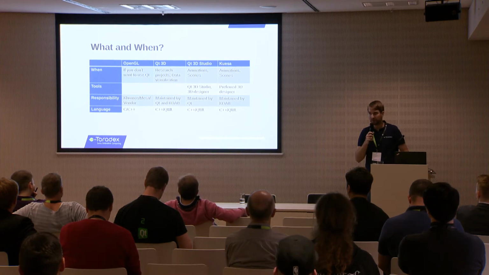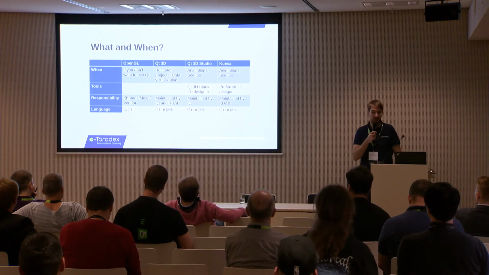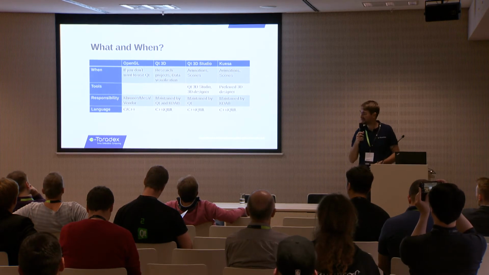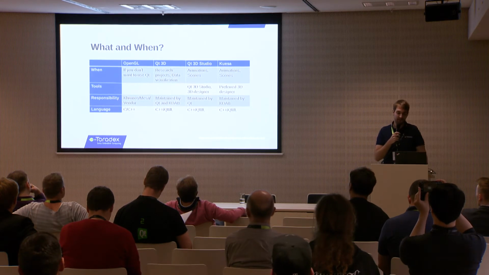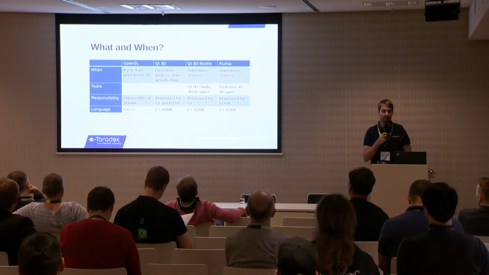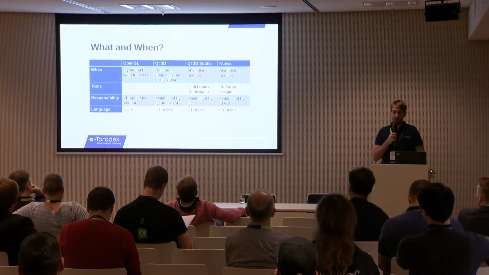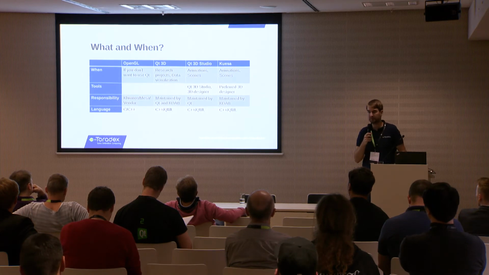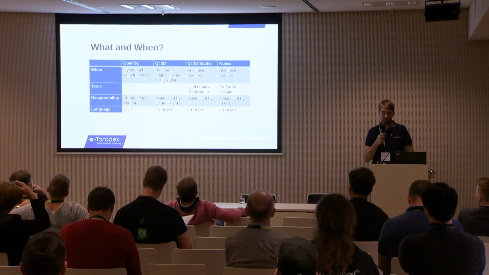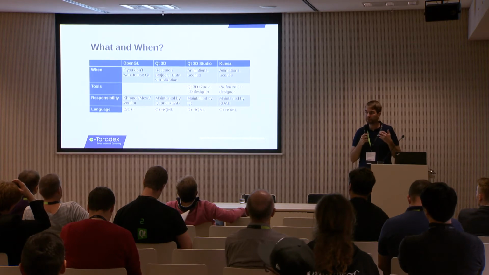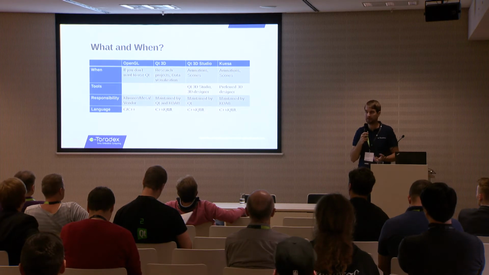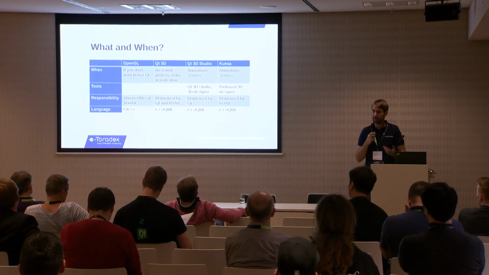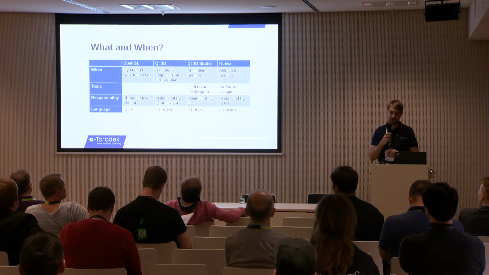So, a short overview of what should you use when? Of course, it's my perspective, but I think it can help a little bit. OpenGL, if you use Qt, you probably won't use, because it's really more to write engines. It's so low level that if you want to develop an application and you have to care about OpenGL, it can be quite hard.